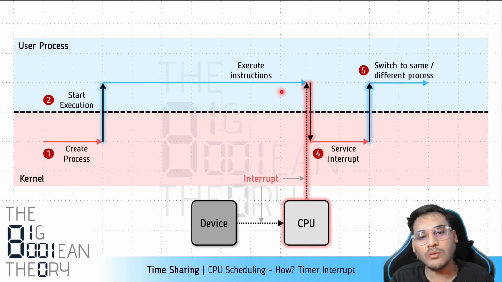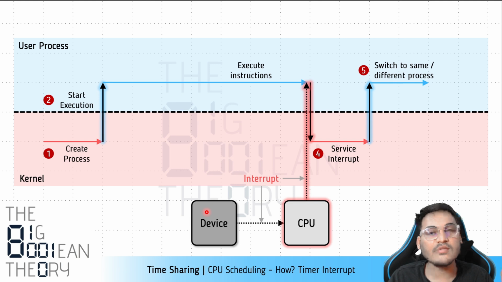Let's also talk about why hardware devices raise interrupts and what some examples are. The most common sources of interrupts are IO devices. Whenever we start an IO operation and it completes, the IO device raises an interrupt, notifying that the requested operation is complete. Now the operating system can process the data or check the status of the operation.